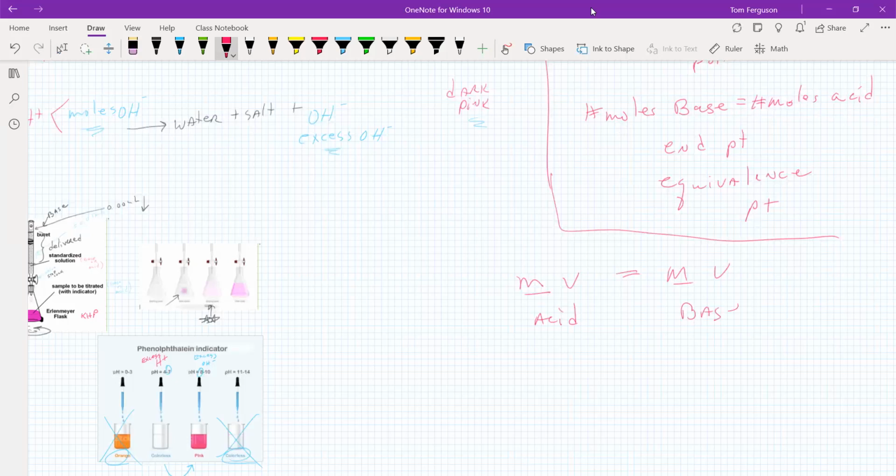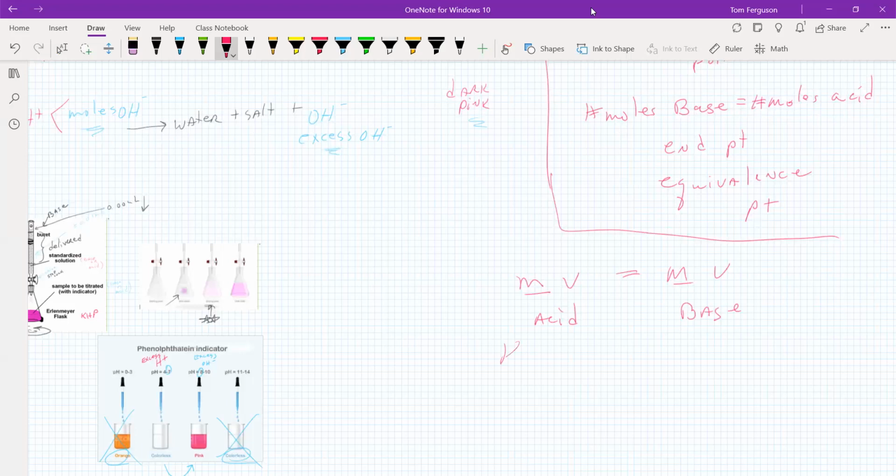So moles of acid equals MV. Moles of base is equal to MV. So our burette will give us milliliters of base, unknown concentration. Our acid is a solid acid, so we have grams of KHP acid, and we can calculate concentration of that in terms of moles.